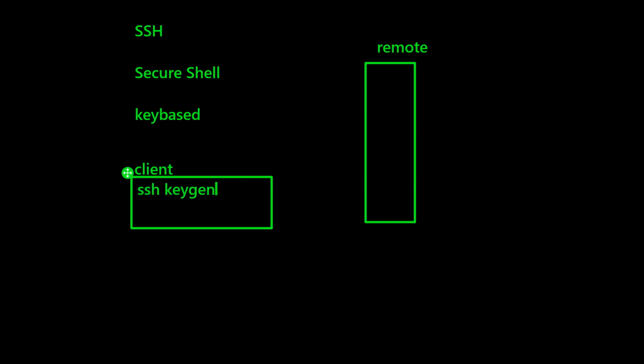We'll discuss that later. It's ssh-keygen. It will generate a key pair, a combination of a private key and a public key. To whichever machine you want to connect, you will copy this public key. And the matching private key is available here, which means I can open a connection from my laptop.